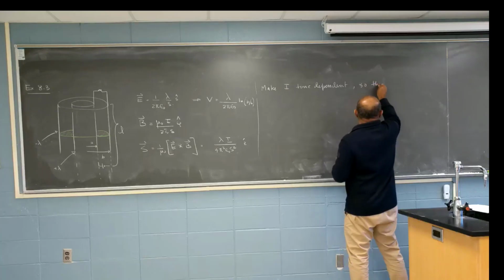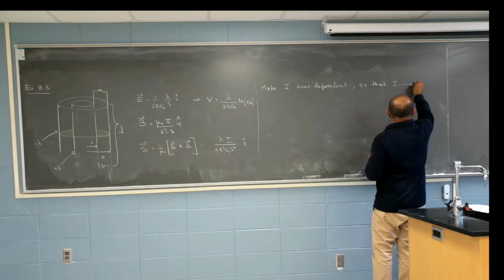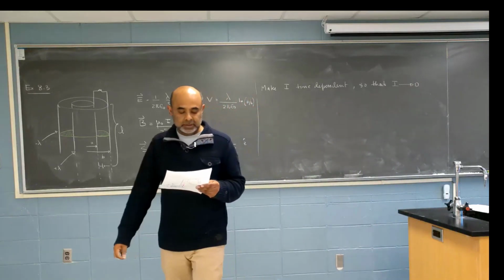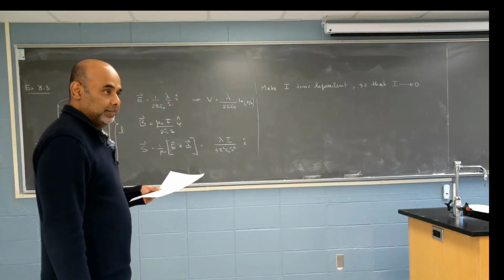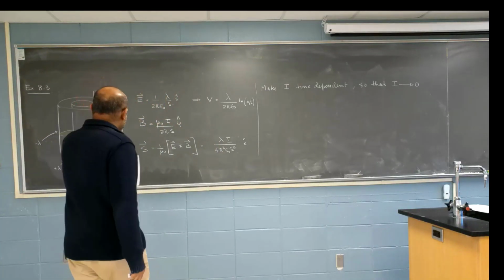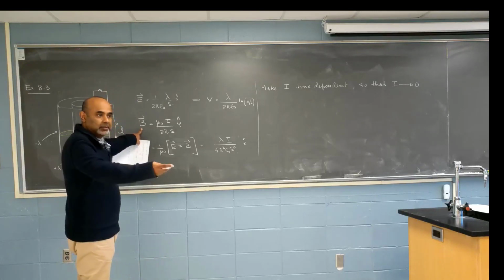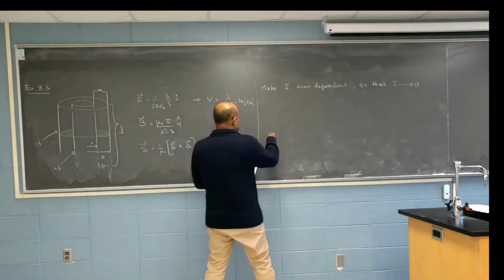So that I slowly goes to zero, slowly enough to where there's a quasi-static B. If there's a quasi-static B, there's an electric field. We just saw it in the previous example from the previous chapter. So what's the electric field?